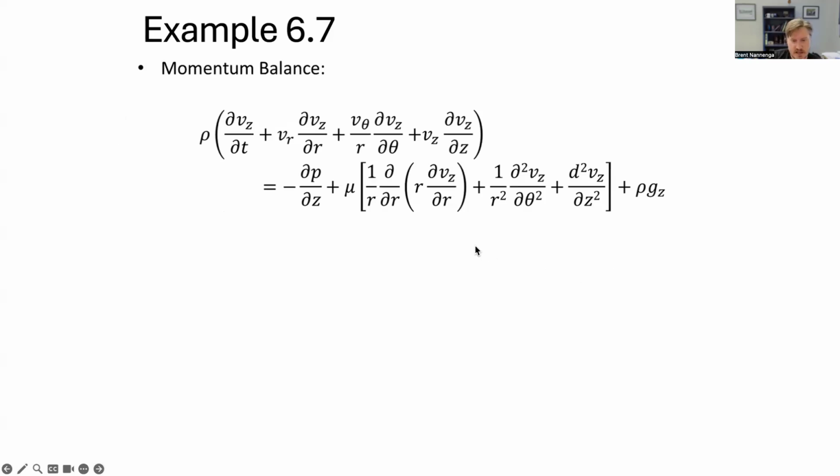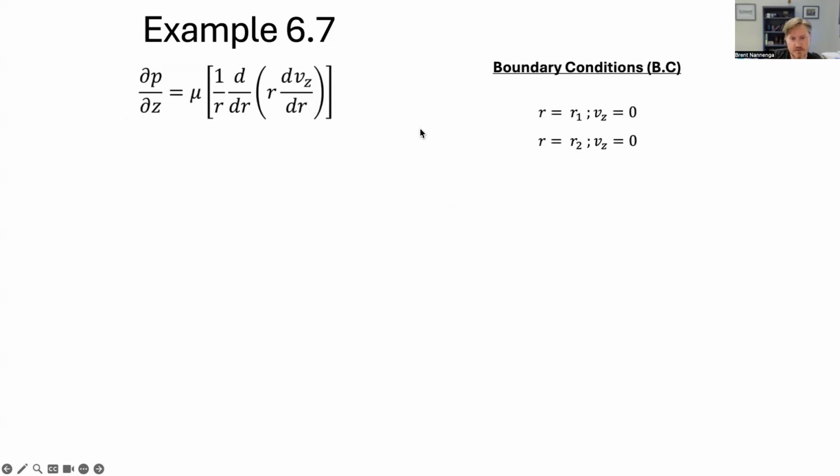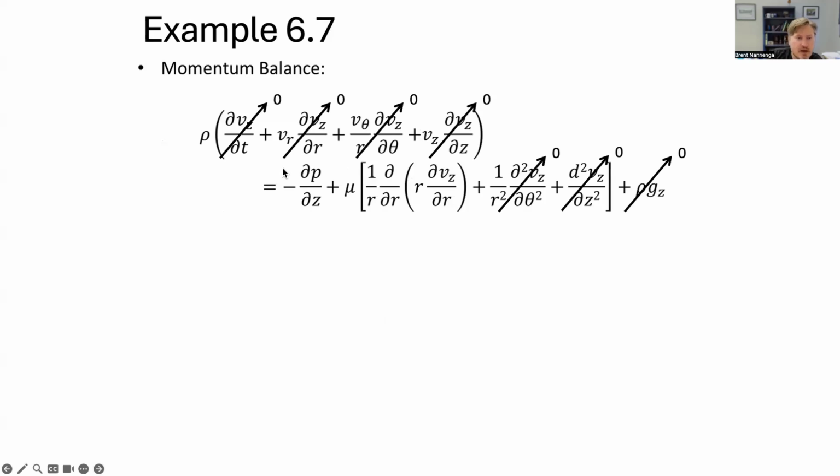So this is the momentum balance that we're going to work on. If we look at our assumptions, the time derivative goes away like normal. We said V_r is 0, V_theta is 0, and because of continuity, we know dV_z/dz is also 0. So everything over here cancels out. Pressure stays here, pressure in the z direction. So this is our pressure drop.